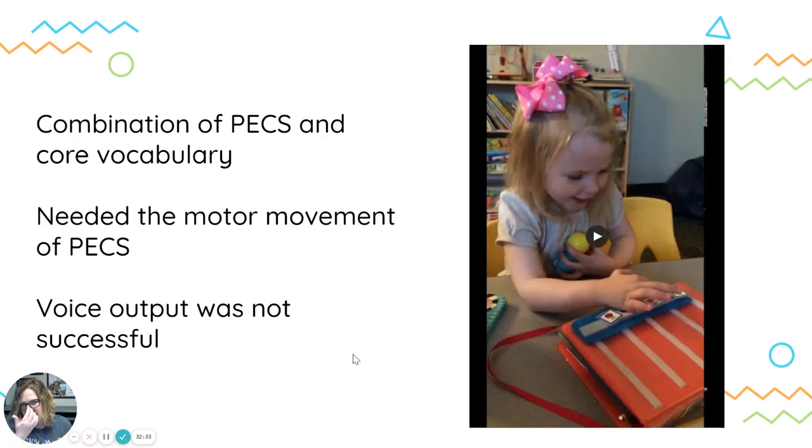Okay, so this is an example of a little girl who is using a PECS type of system, but a lot of the vocabulary that we put in her book is very specific. It's more core vocabulary versus phrase-based things, such as I want, I see, I hear, which is what you might find in PECS.